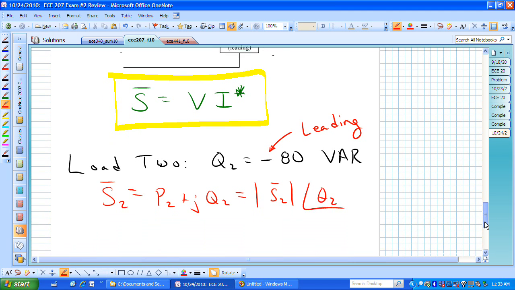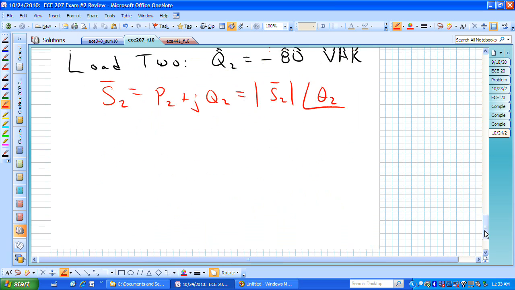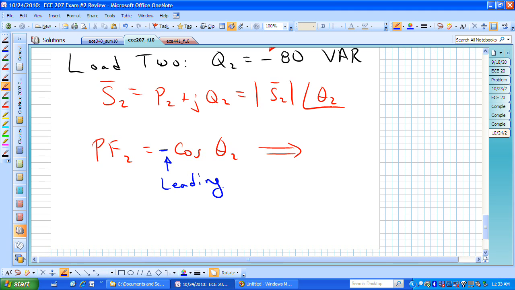We can now find theta sub 2 from the power factor. The power factor in load 2 is just the cosine of theta sub 2. We were told the power factor, and we were also told that it was leading. We don't really need that sign in the power factor expression, so let me remove it, but we are told that it's a leading power factor.